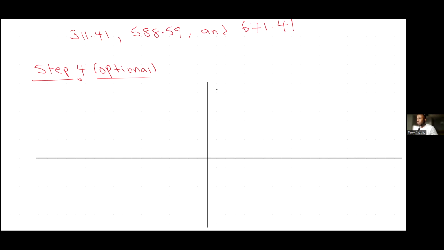Because it's between 720, that is 2 revolutions. 1, 2, 3, 4, 5, 6, 7. Okay. Let's see. How can I divide this? 1, 2, 3, 4, 5, 6, 7. Okay. So let's do it that way.